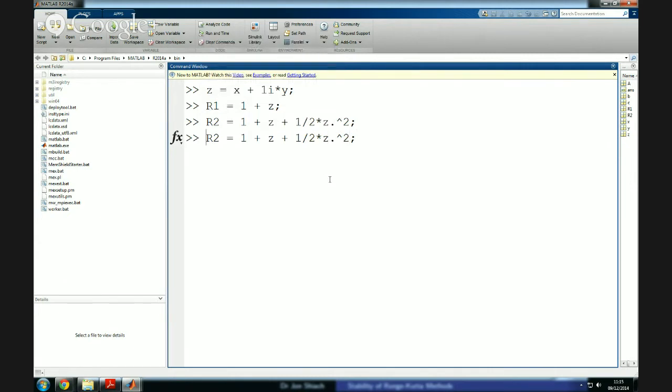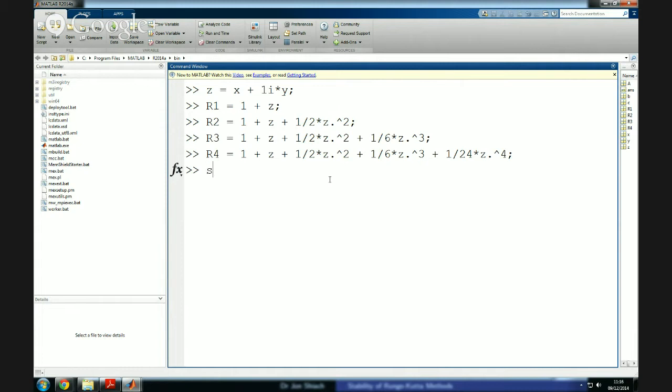Third order will be the same, plus 1/6 times z to the power 3. And fourth order will be the same, plus z to the power 4 term. So R1 is the Euler method, R2 is the second order, R3 is third order, R4 is fourth order.